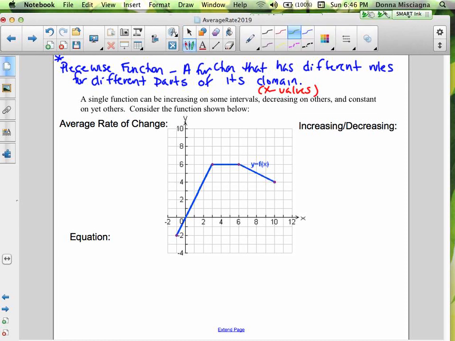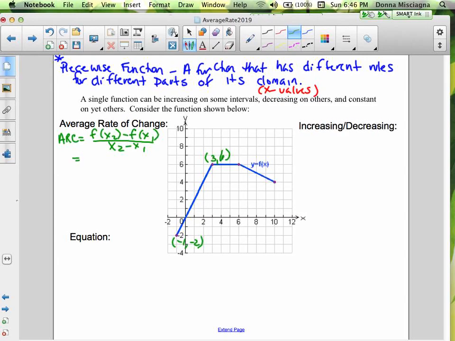It's really easy for a function like this because it's pretty easy to figure out the parts. All right, so average rate of change. We're going to first find the average rate of change from -1, -2 to 3, 6. That's our first piece. The average rate of change is the difference in the y values over the difference in the x values.